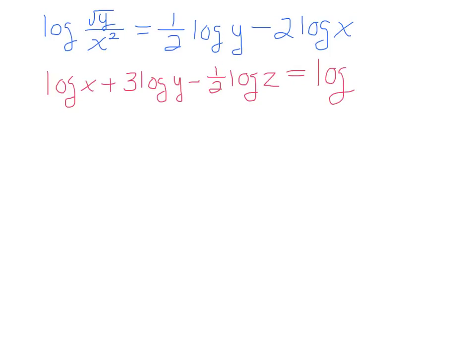I'm only going to write the word log once. Let's see, x plus 3 log of y, 3's in front, so it was an exponent, so x times y cubed. Subtraction means division. Half was an exponent, so z to the half power, which also means the square root of z. So I wrote it as a single log. So now I know how to go from a single log to multiple logs and multiple logs to a single log. Okay, let's do log equations now.